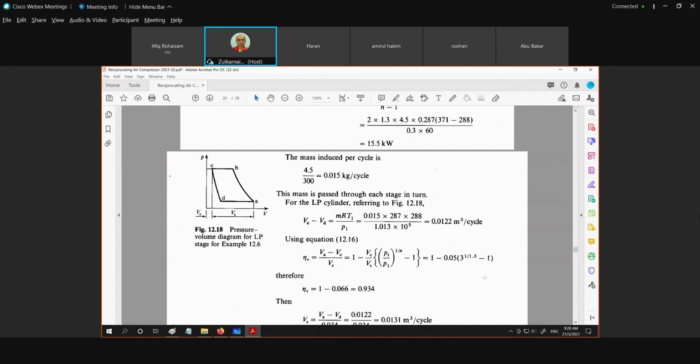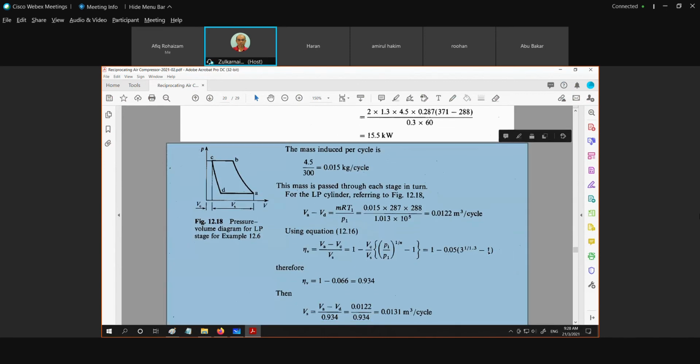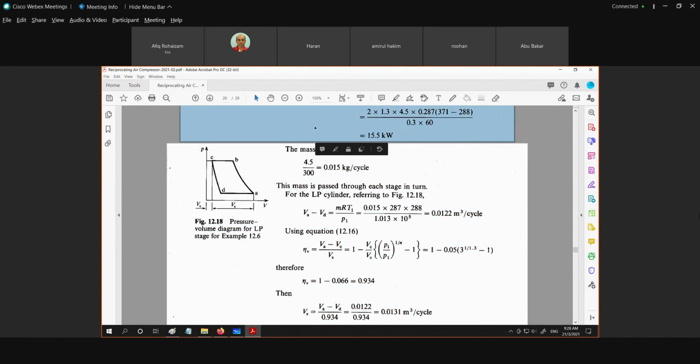So this is the solution. Tengok solution dia. Volumetric efficiency lain.